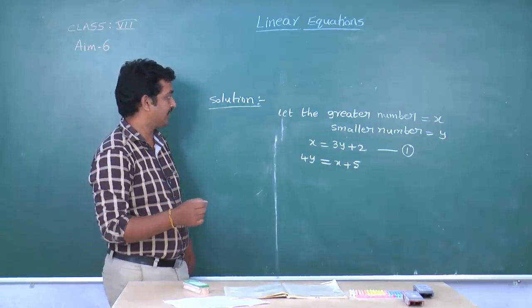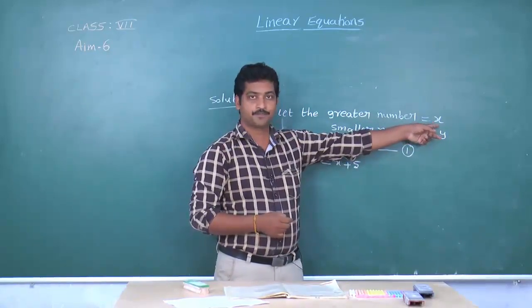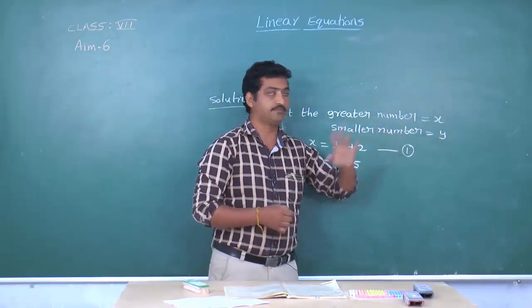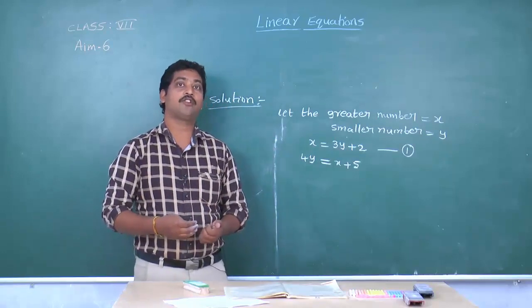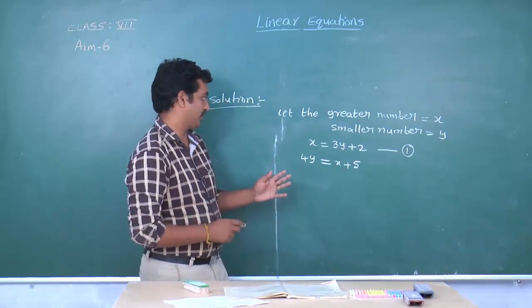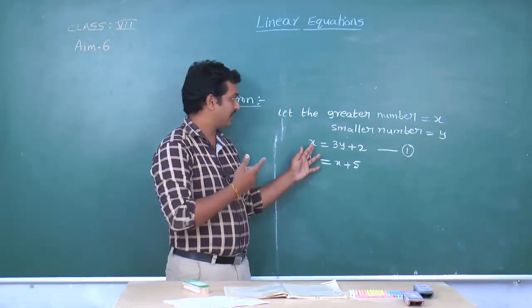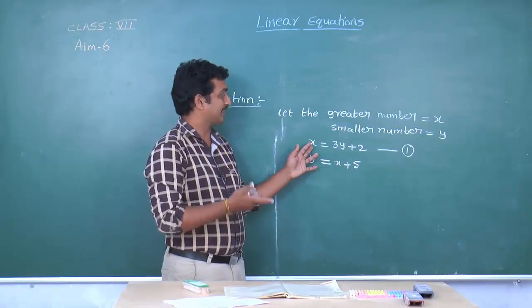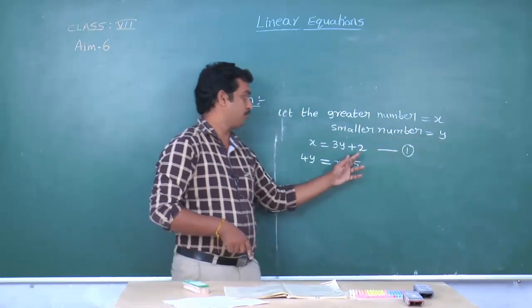Again, I will say, let the greater number be x, let the smaller number be y. Now, according to the given data, we are going to form the linear equations. The greater number is greater than thrice the other number by 2.